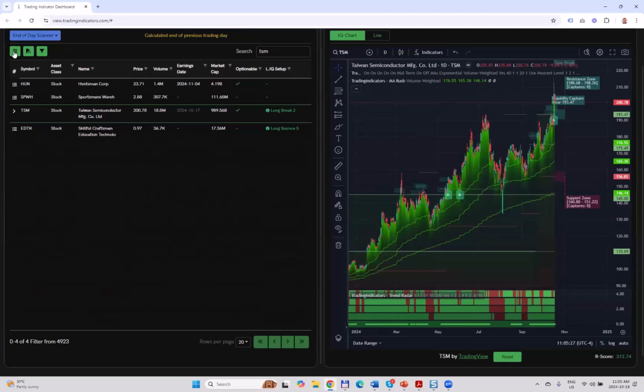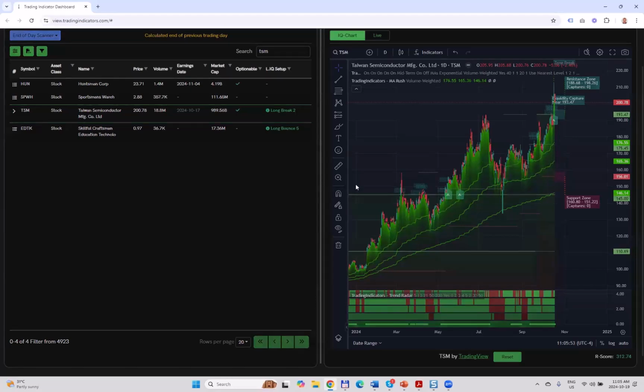Okay, and let me just quickly, by the way guys, there's another trick for the dashboard. Now we have TSM loaded, and you can see here, where is my MA rush column or where is my R score column? They're not there anymore. Well, they're still there, but they're hidden right now. If you click on this little thing here, you can see them listed down here. So that's one way to show them. The other way to do it is to simply make the scan a bit bigger.